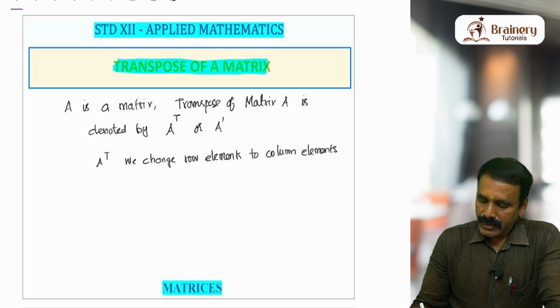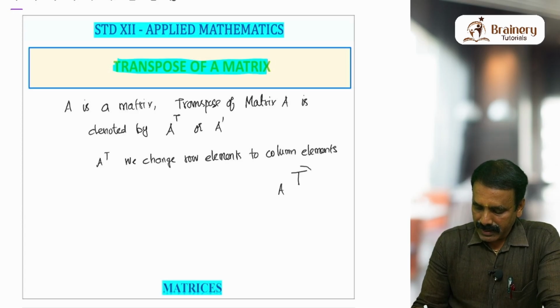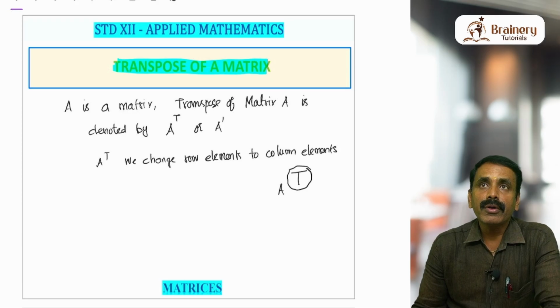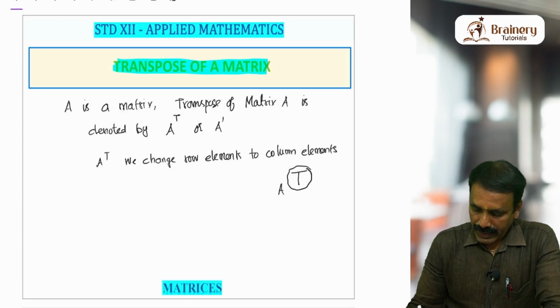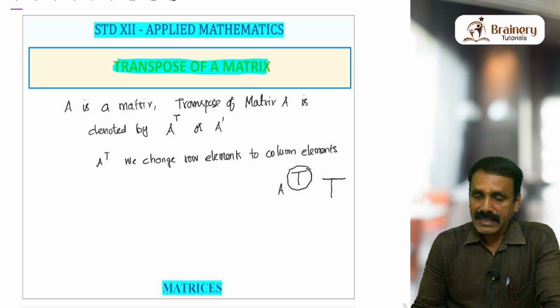How we are writing transpose of a matrix? A transpose, correct? The symbol itself suggests us what we are going to do. So we write the elements which are placed horizontally to vertical.